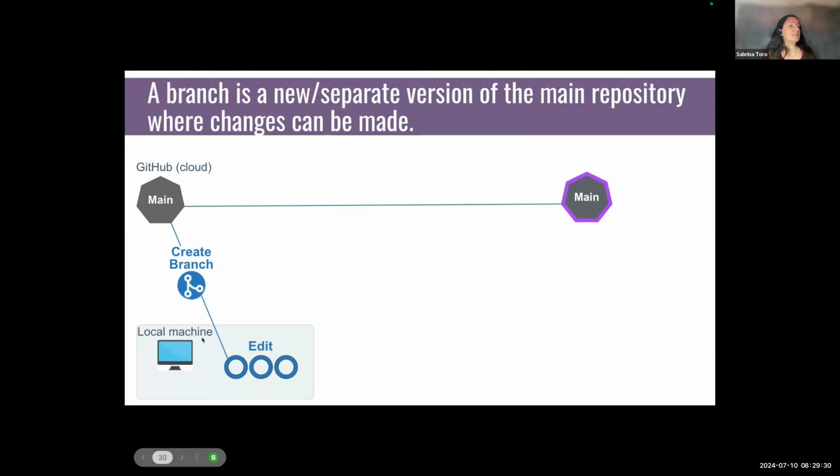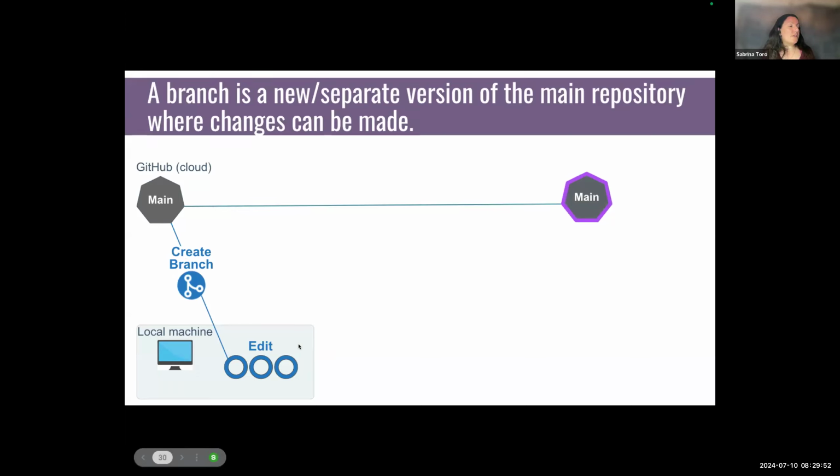What creating a branch means is that you're going to have a parallel version of your ontology, and you will be able to make changes and edit this ontology however you want or however you need in order to address whatever issue needs to be addressed.